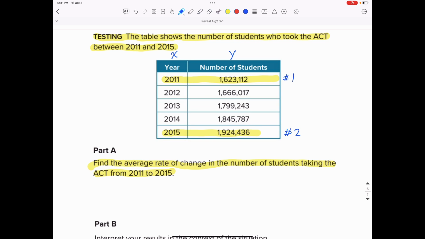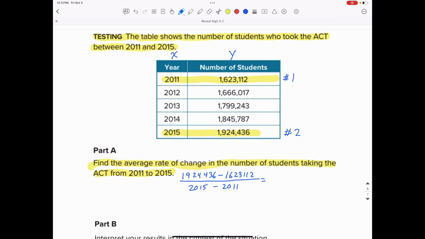So we got some big numbers here. We got 1,924,436 minus the top number of 1,623,112. And all of that is going to be over x2, which will be the year 2015, minus x1, which will be the year 2011.